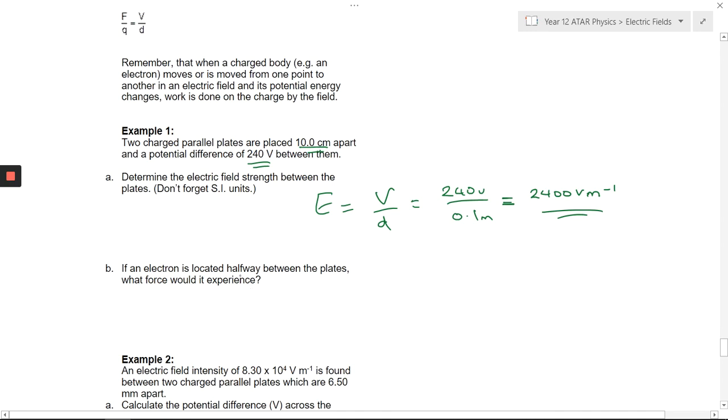If an electron is located halfway, that's a keyword, so I'm going to underline it, what force would it experience? Well, I know that my electric field strength is the force per unit charge.